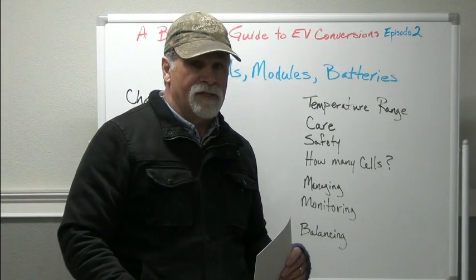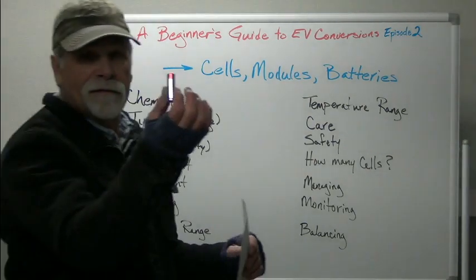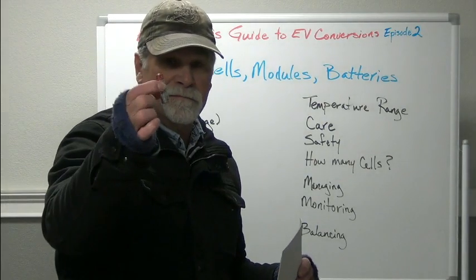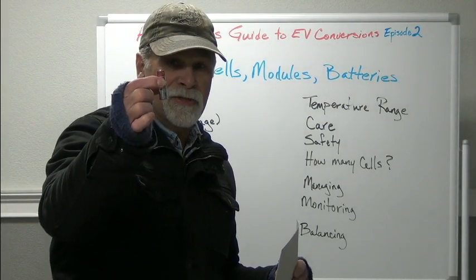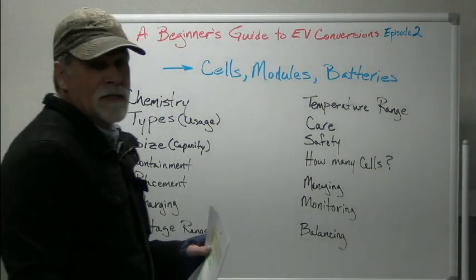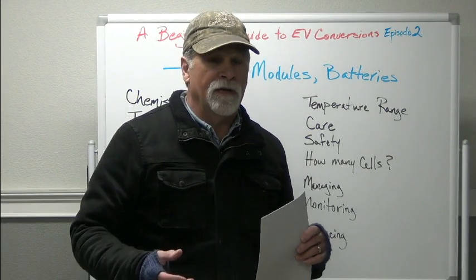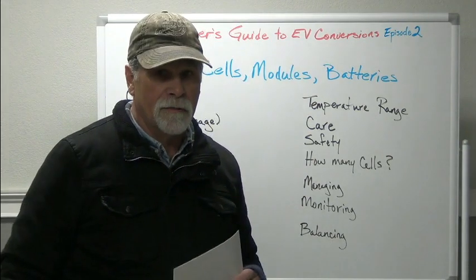So a cell is an individual item that produces a potential difference. A module is a group of cells that is part of a larger battery pack.